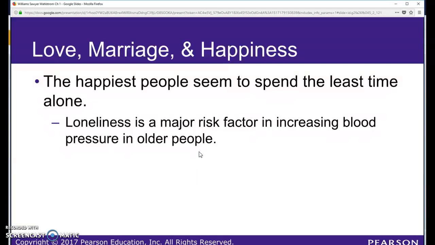The happiest people are people that seem to spend the least amount of time alone. And I always put a caveat here because people are very different in terms of their social needs. We have people who like to be surrounded by folks all the time, are very happy being in large social situations and being surrounded all the time by other folks.